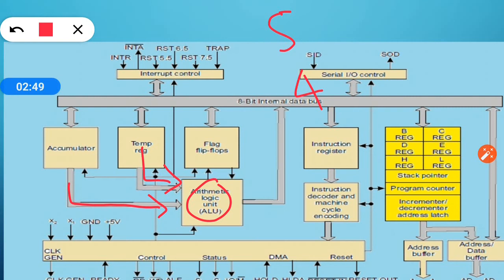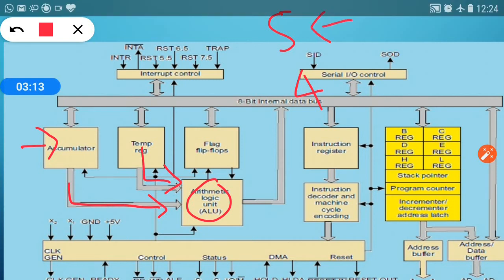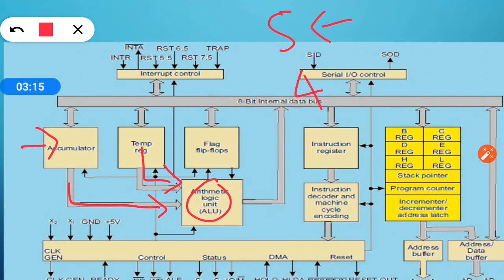You have to load one number out of these two compulsorily into the accumulator. You can load 4 also, but you have to load one number into the accumulator. Here I am taking the example of loading 5.